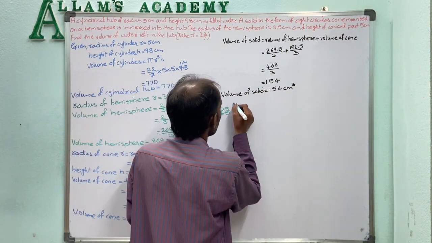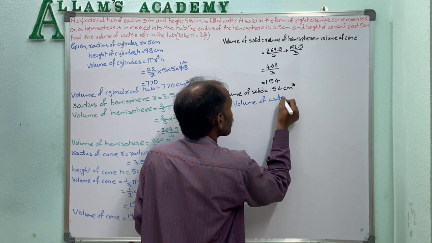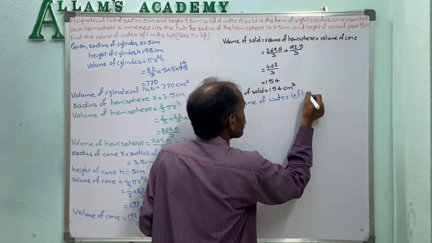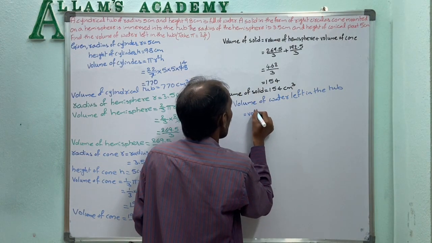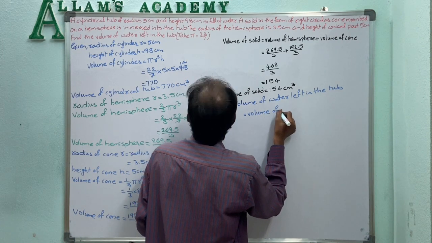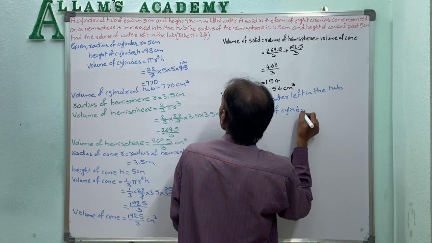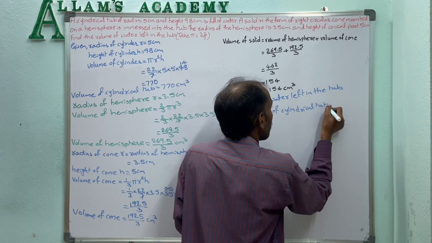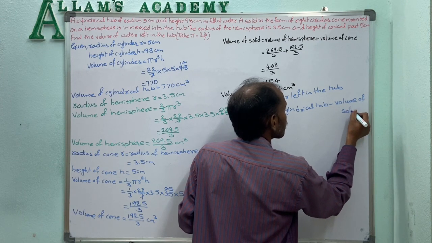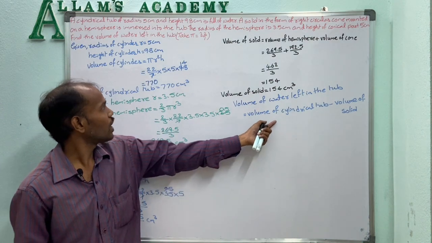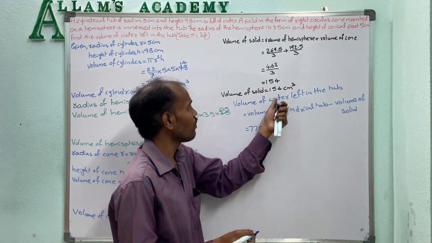So volume of water left in the tub equal to volume of cylindrical tub minus volume of solid, that equals volume of cylindrical tub is 770 and volume of solid is 154.